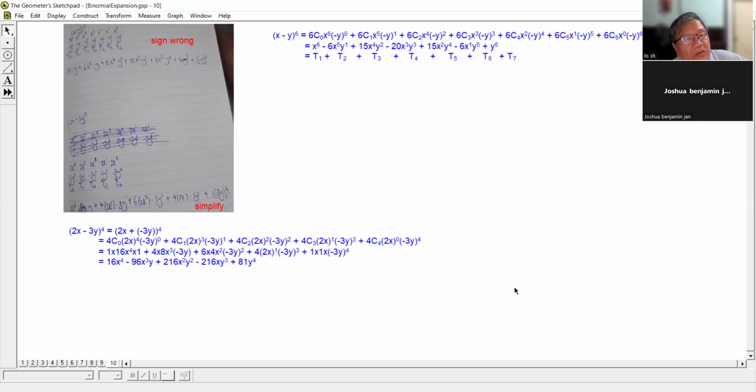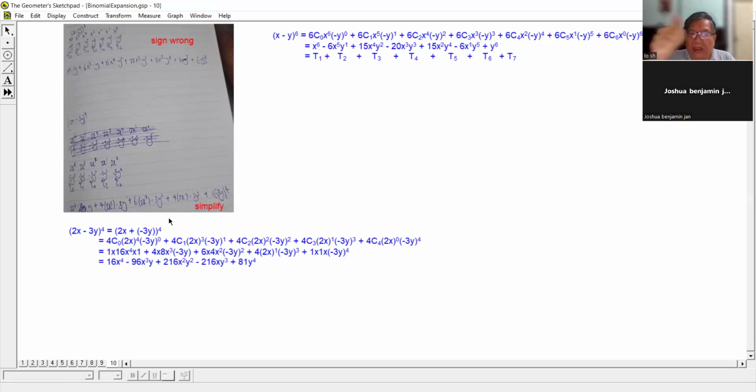So can I ask you, in this binomial expansion, how many terms are there? 5. 5, correct. If this is power of 4, the number of terms is 5. If this is power of 6, how many terms are there? 7.